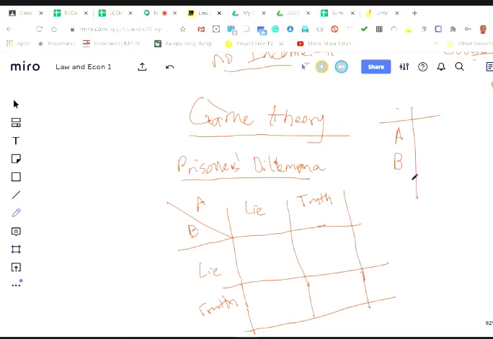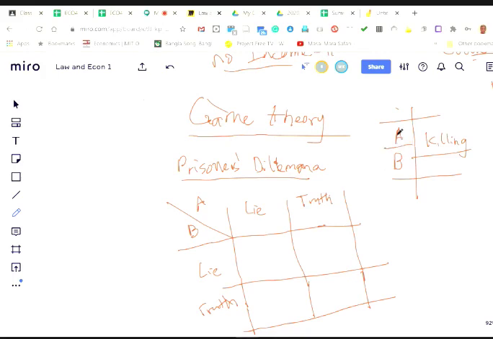Now if one person lies and the other person tells the truth, they will be announced for imprisonment of, suppose, 12 years. Both of them are suspects, right?